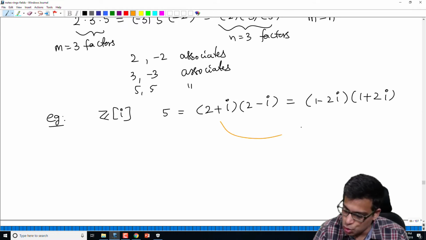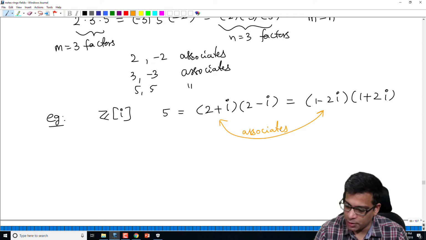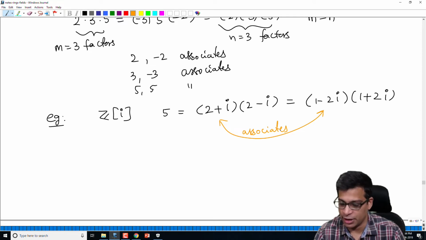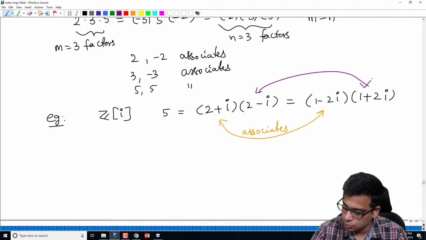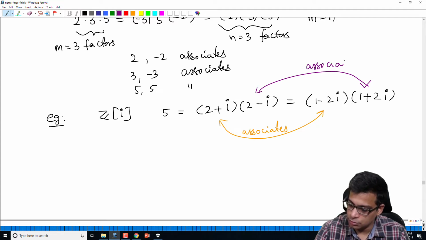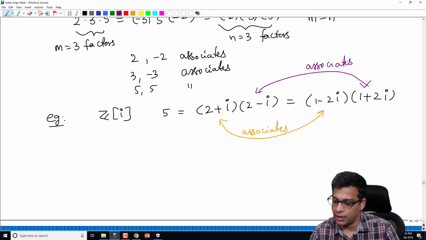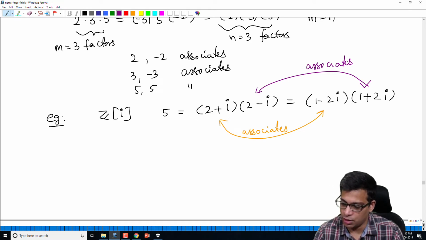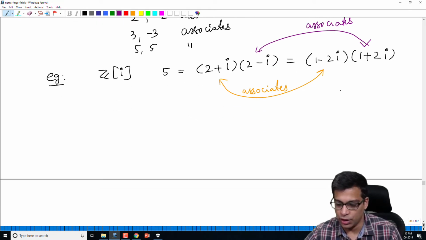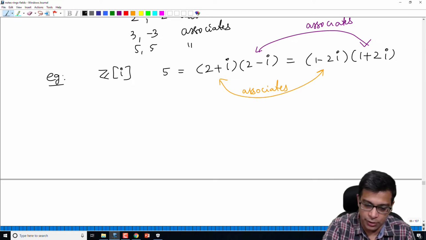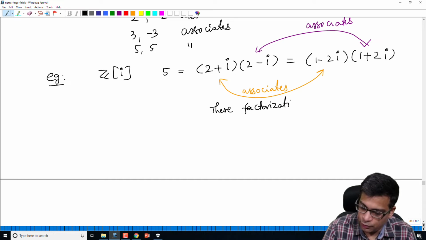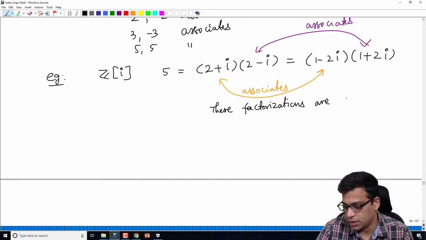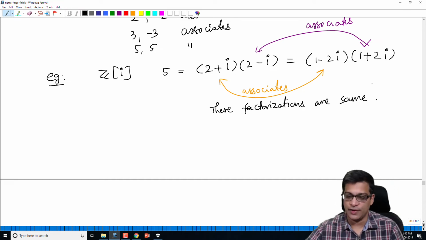These two are associates because you multiply this by i or minus i, you get this, and these two are associates. You multiply this by i, you get i squared minus i squared is 1, 2i. So these factorizations are unique, or rather, for all practical purposes they are considered the same.